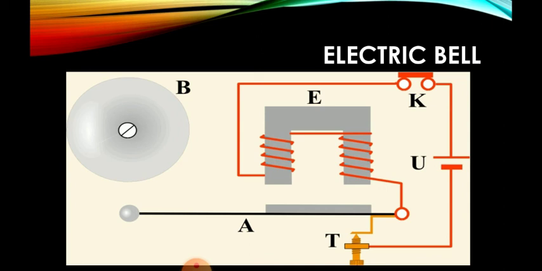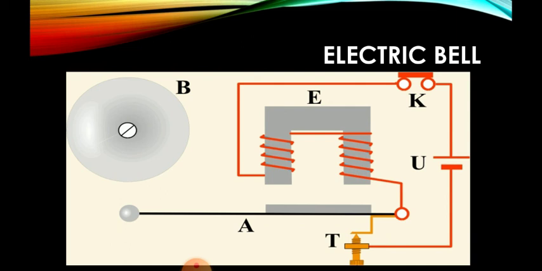And once this behaves like an electromagnet, the flexible iron strip will be attracted towards the electromagnet, and when it gets attracted, the iron strip will strike the bell, that is B, and the sound will be produced. But when the flexible iron strip touches the gong, the contact between the iron strip and the contact screw will break, and once it breaks, the current will automatically stop.